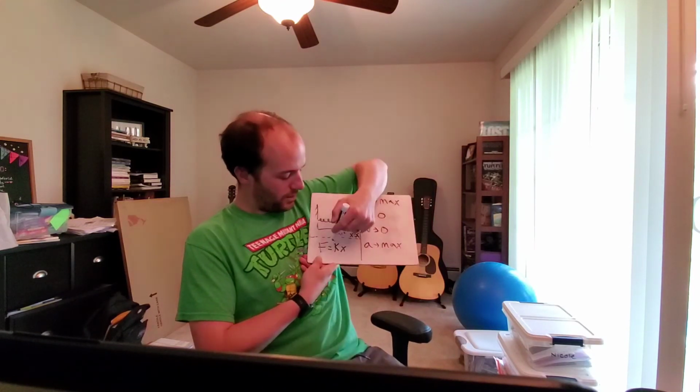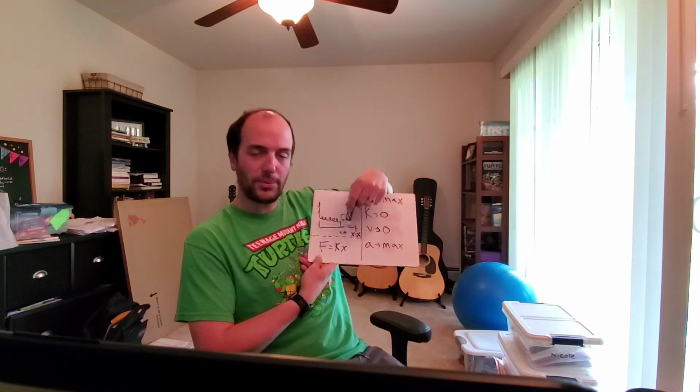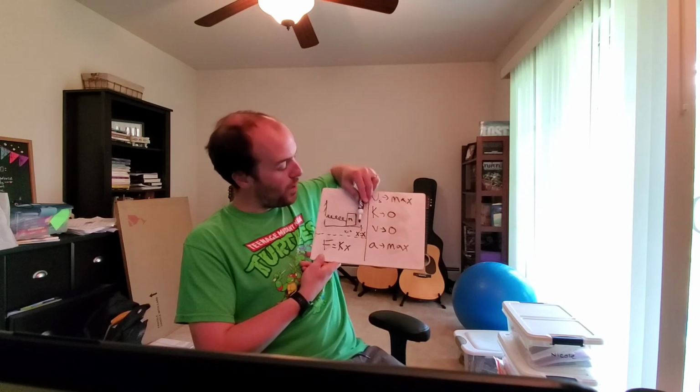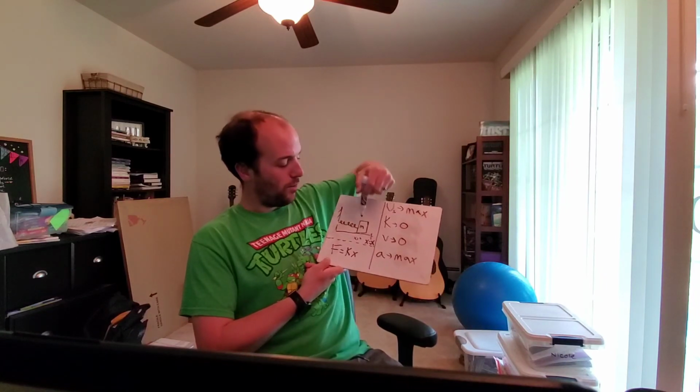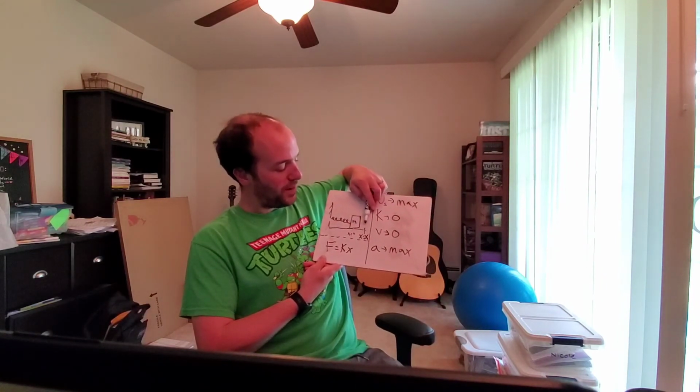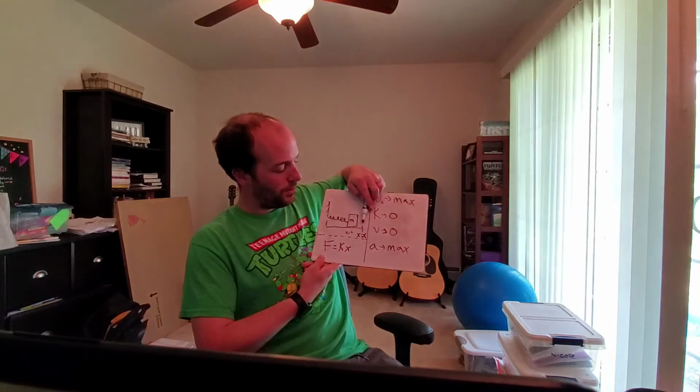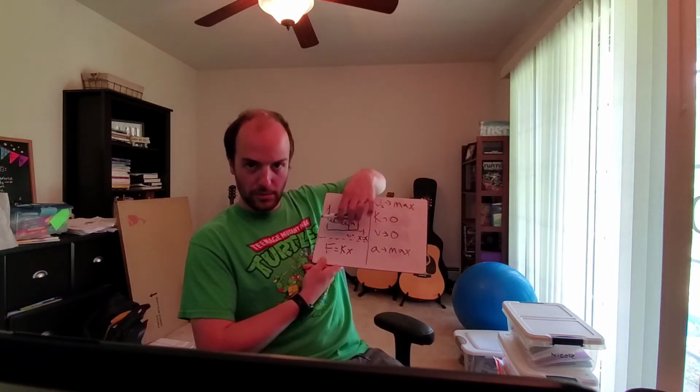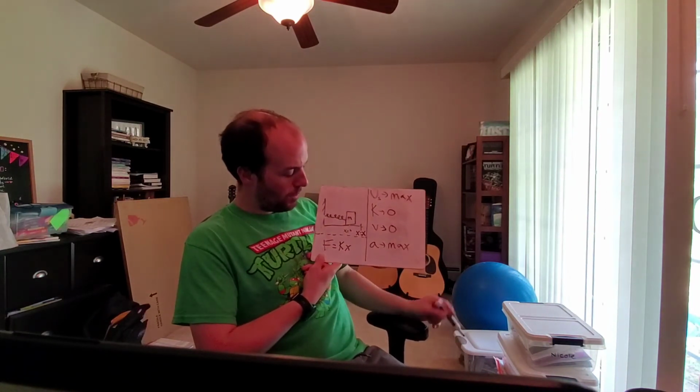Technically speaking, there should be a negative sign here, because the force is in the opposite direction of its displacement. If it's way out here and positive, the force wants to pull it back negative. I often drop that off. Just know that when it's out here with a positive x, the force is directed back this way, in a negative direction.